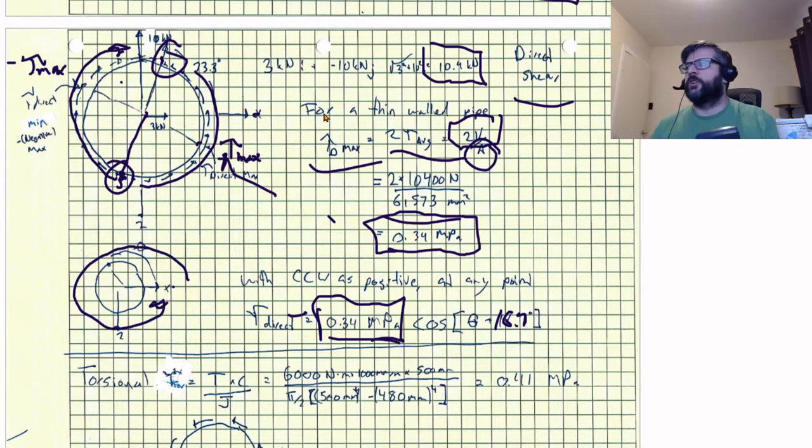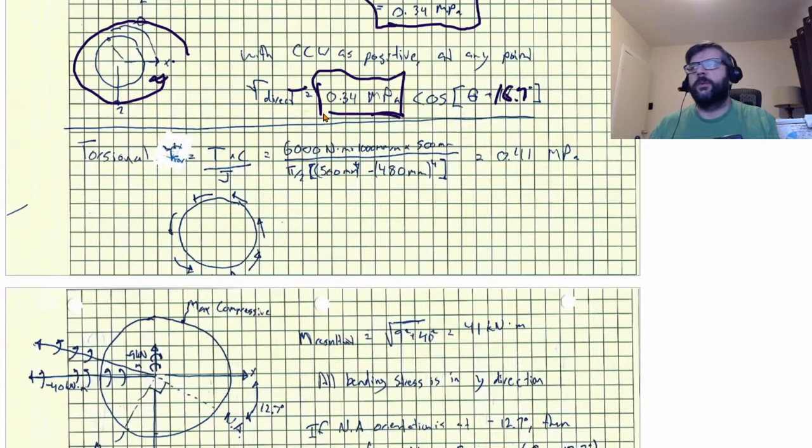And then we've got our torsional stress, which is equal to the torque times the c divided by J. So relatively straightforward. The c that we're going to use is the outermost radius of the tank, so the 500 millimeters, and then J is just calculated based upon the radii as well.